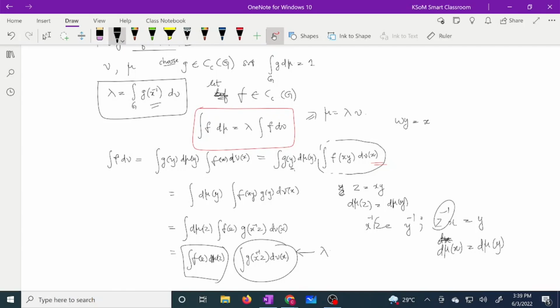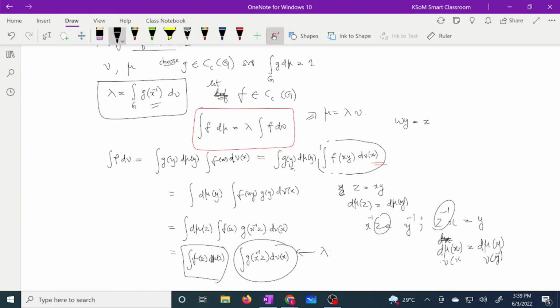Here the problem was I was translating on the right, and I don't know if mu is right invariant. I only know that mu is left invariant. Understood? Here x is my variable, and it works for nu also.